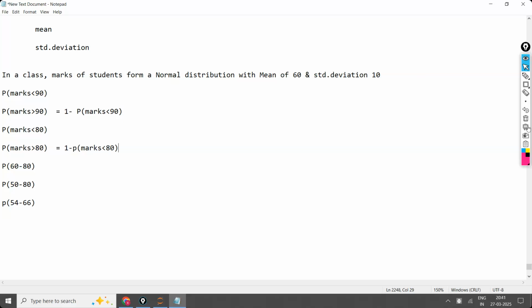What is the first step? For 80, you have to calculate Z of 80. How to calculate Z of 80? 80 minus 60 divided by 10. What is the value? 20 by 10, that is 2.